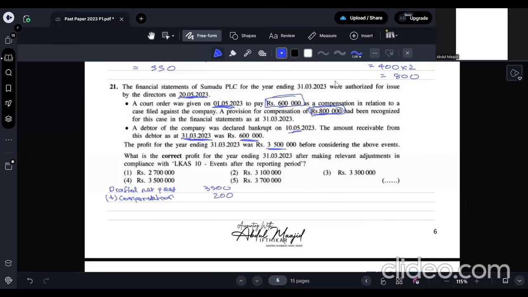Therefore, it is an adjusting event. So you can record it as bad debt 600. Then your corrected profit will be 3,500 plus 200 minus 600, 3,100. That is answer number 2.